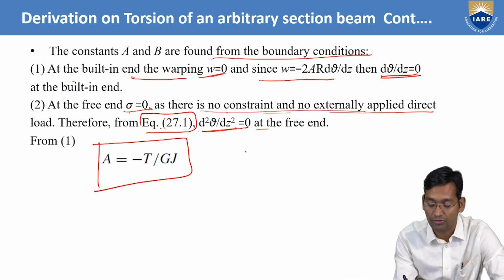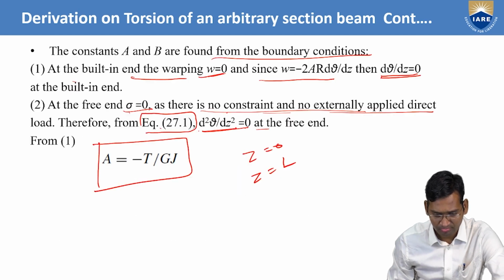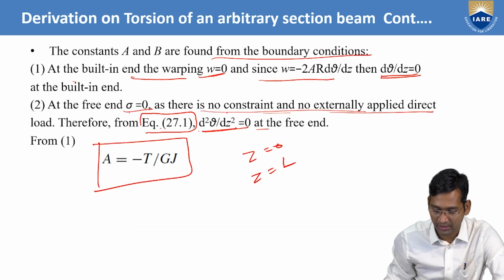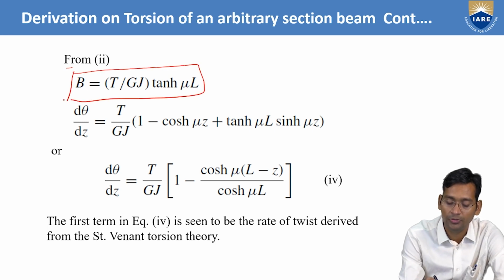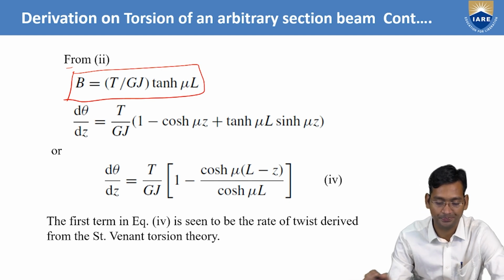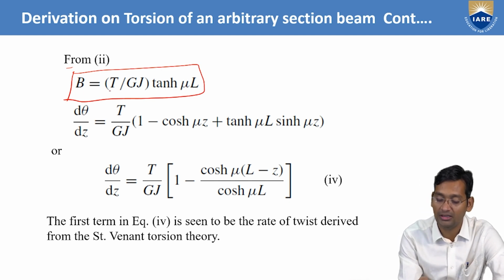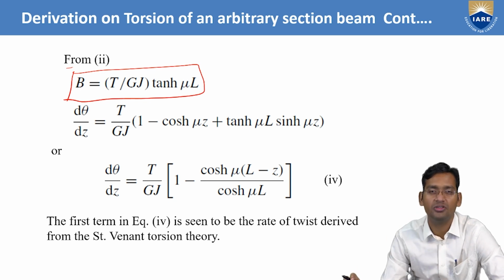We have taken z equals 0 before; now the other boundary condition is z equals L. Just apply that, and you will get the value of B equals T by GJ into tanh mu L.